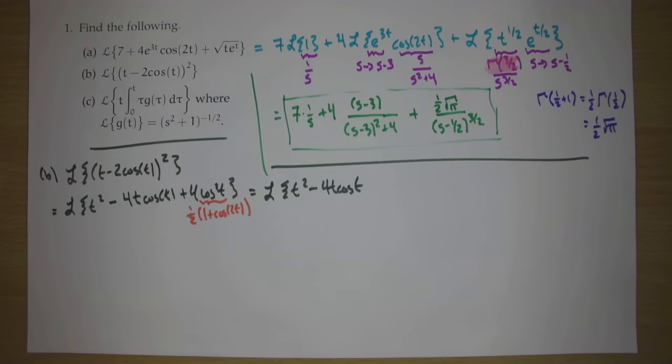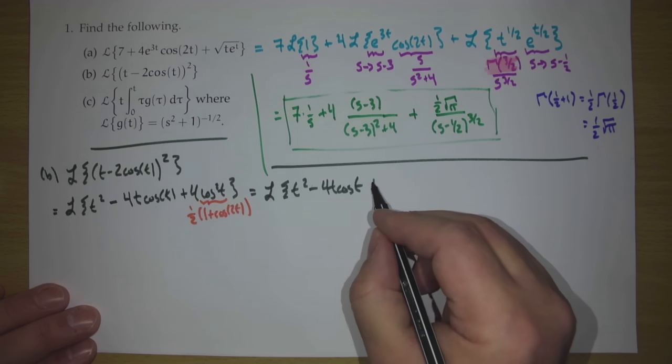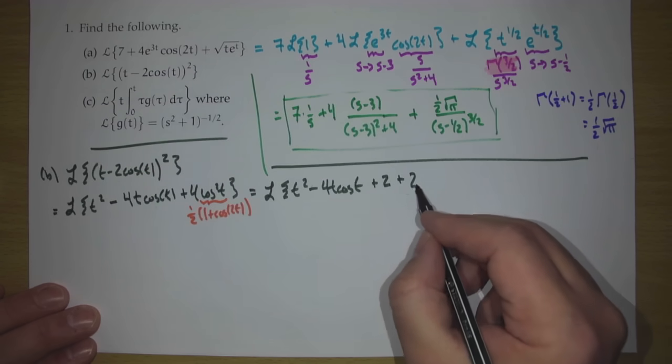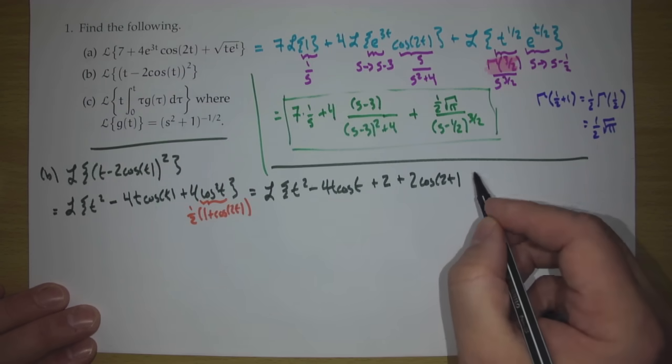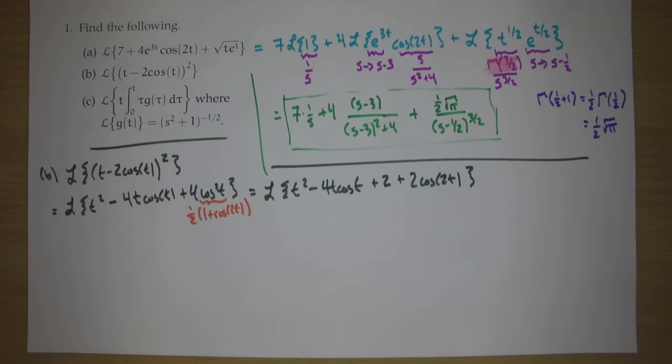So 4 times 1/2 makes a 2, so we have a plus 2 cosine 2t.